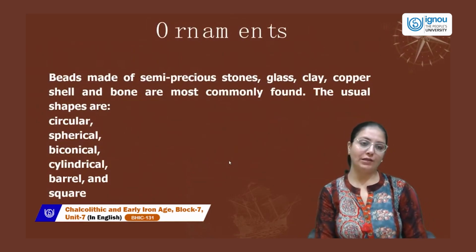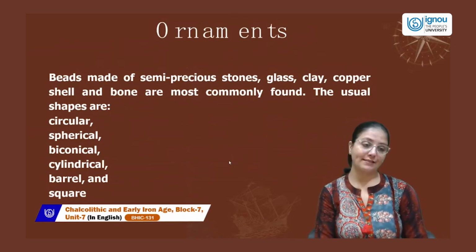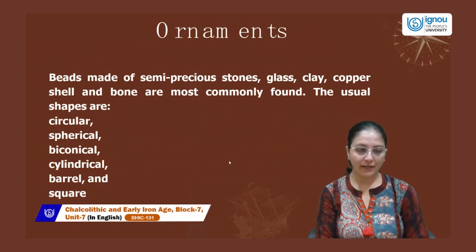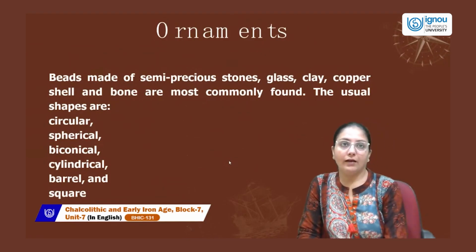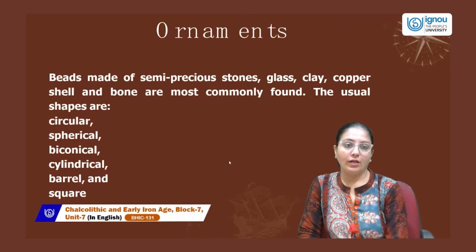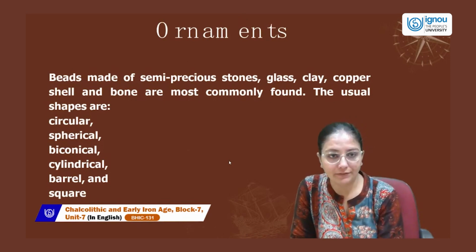They used jewelry; they were very fond of jewelry at that time. Precious and semi-precious stones, beads, glass, clay, copper, shell, bone. They used to wear ivory objects and bone jewelry also.